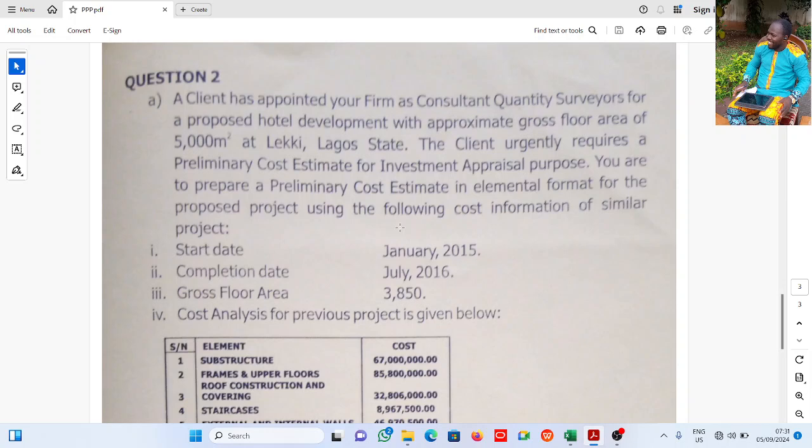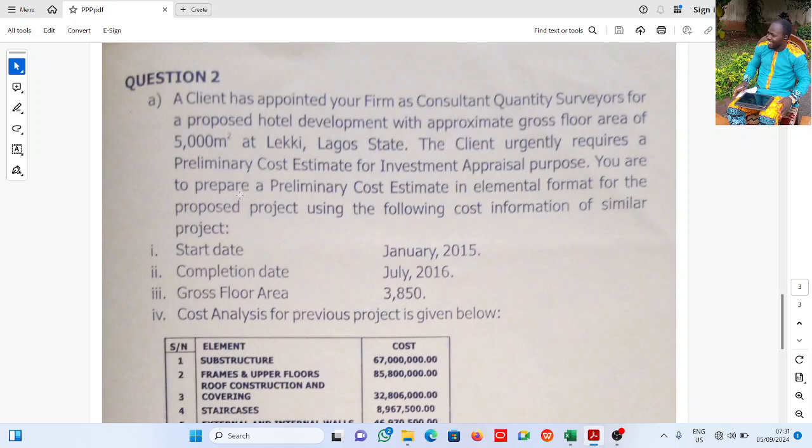That is the purpose, investment appraisal purpose, because preliminary estimates are usually initial rough estimates prepared for quantities, for materials, or for resources for a particular project. They are initial rough estimates. See the purpose, for investment appraisal, to determine the viability of that particular project.